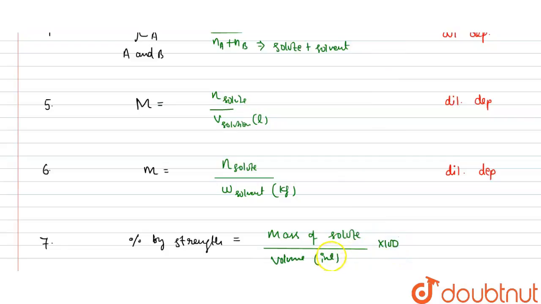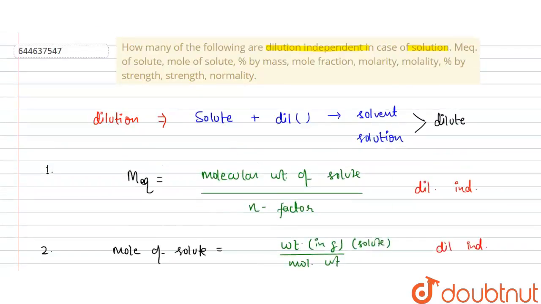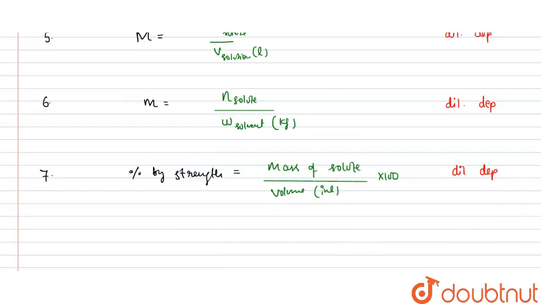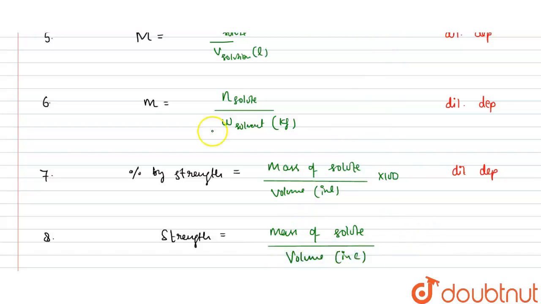Here there is volume of solution, so this is also dilution dependent. Now the next is strength. If percentage by strength is dilution dependent, then strength is also dilution dependent. The formula is the same, mass of solute divided by volume of solution in liter, without the 100 because that is for percentage. This is also dilution dependent.